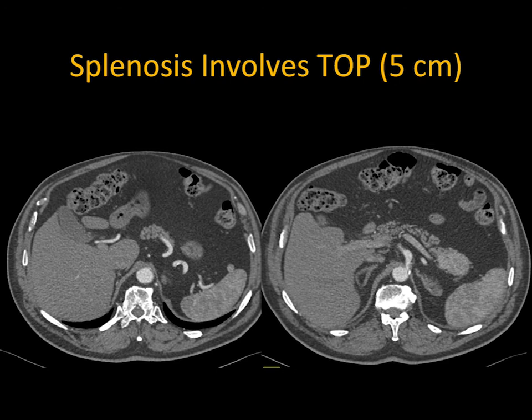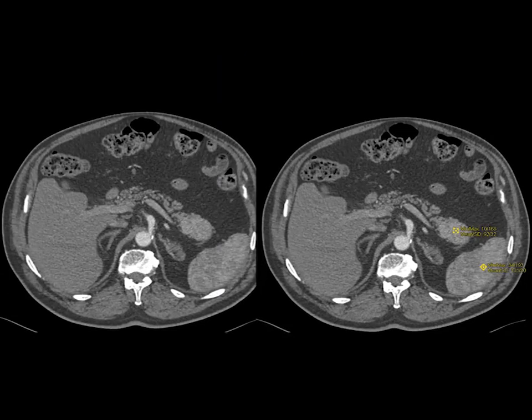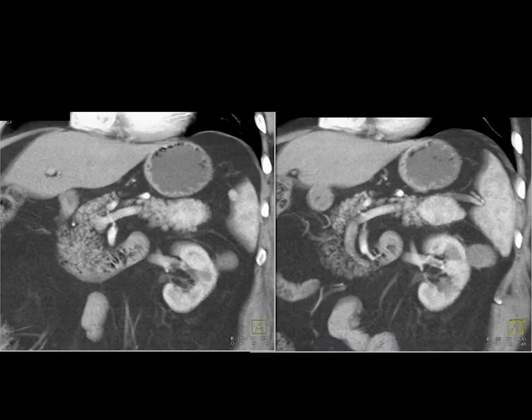Another case, here's a patient with a mass which looks like it's in the tail of the pancreas. Look at the difference in texture and density between the tail and the body and head of pancreas. Well, when you look at this, it looks identical to the spleen, both in terms of texture and density. Here it is again. Look how it enhances identical to the spleen.